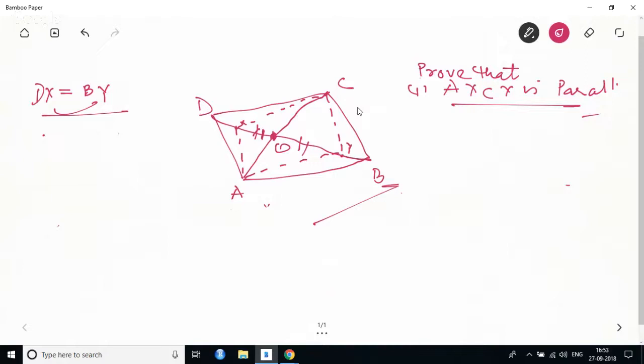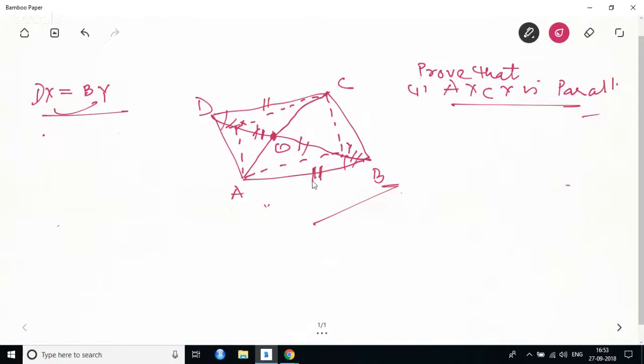Next, I have to prove that triangle AYB is congruent with CXD. Now, how can you prove that? Guys, try to understand what is AYB. So this and this are equal, this and this are equal, and this angle is equal to this angle. So you can prove that this is a congruent triangle.